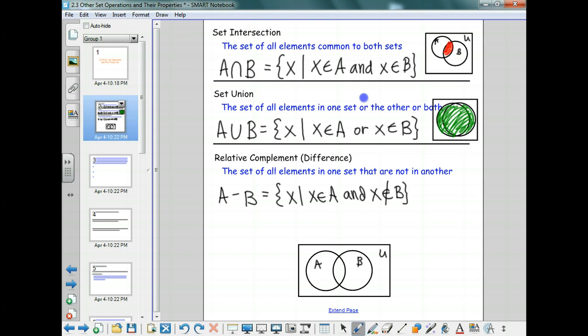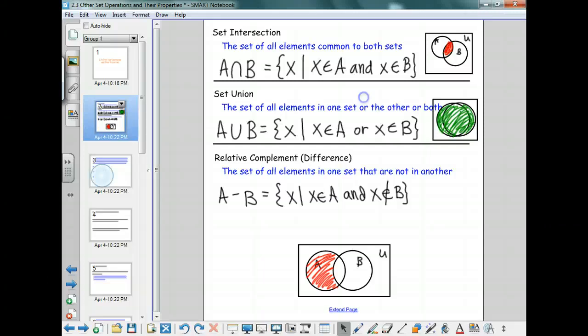The description says it has to be in set A, but it cannot be in set B. So that's just the outer, moon-shaped piece over here that we're talking about. So you're taking everything in one piece and removing a portion of it that overlaps something else. Okay, everybody good?